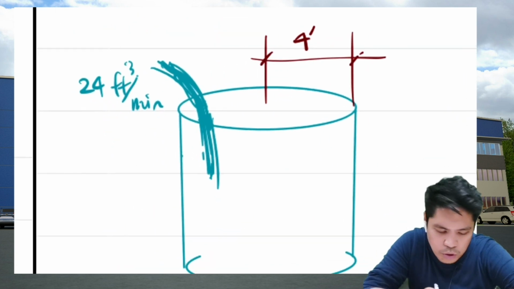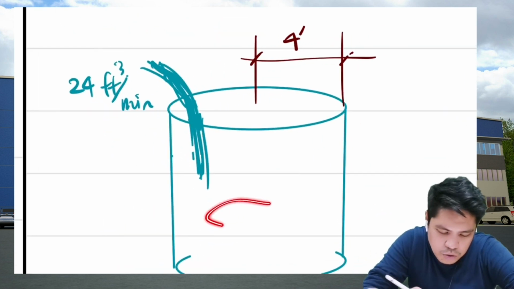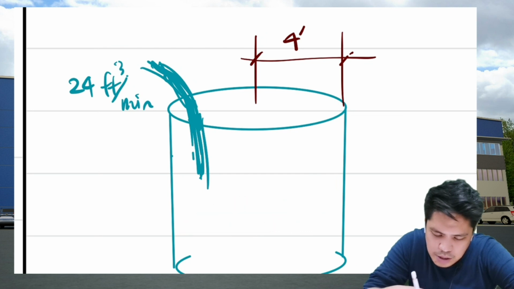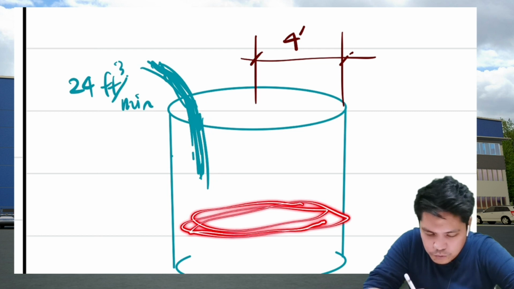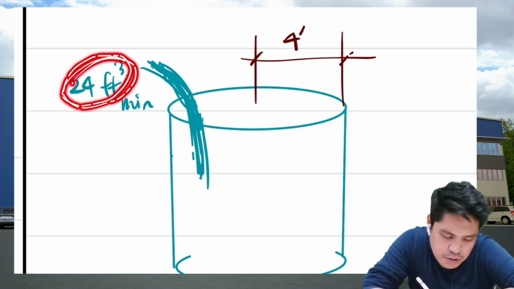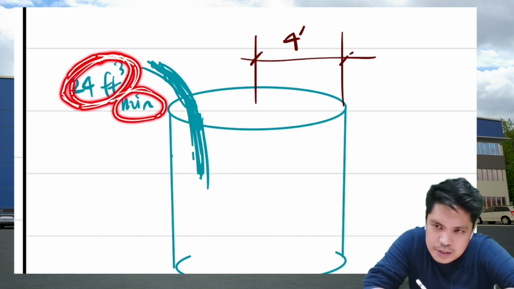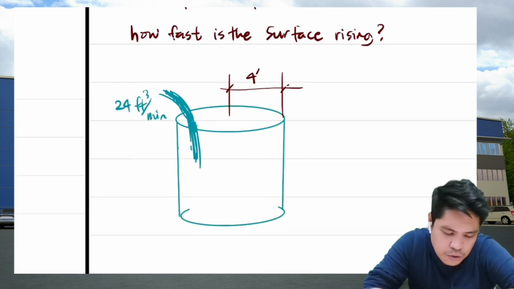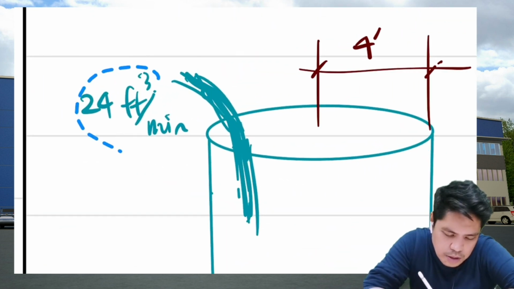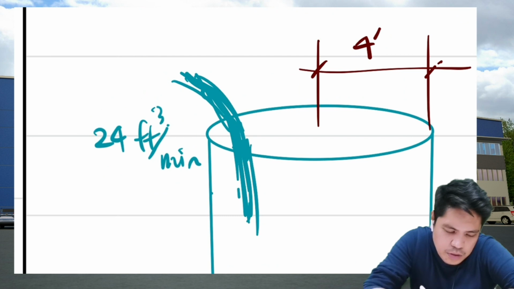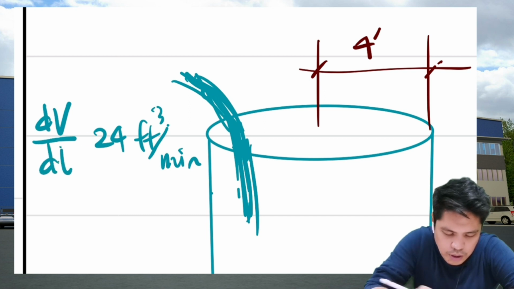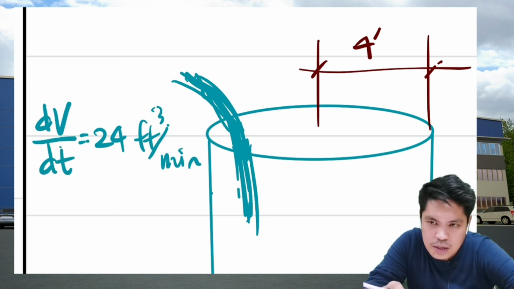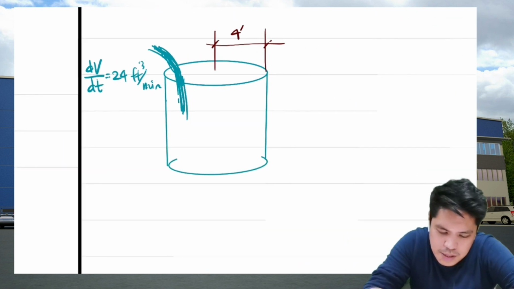So the volume of the water inside is increasing at this rate, 24 cubic feet per minute. Therefore, this is the rate of change of the volume with respect to time, dV over dt.